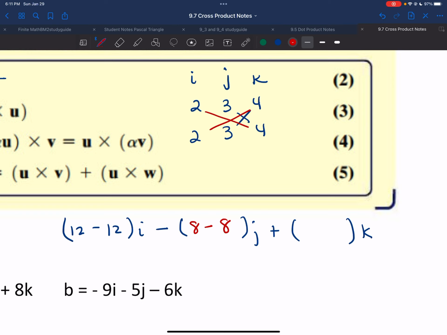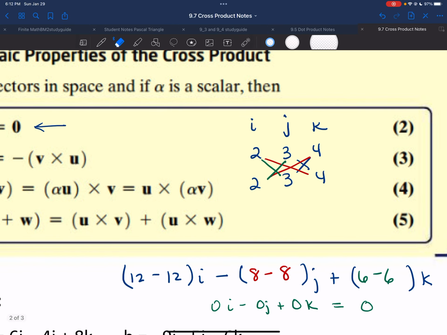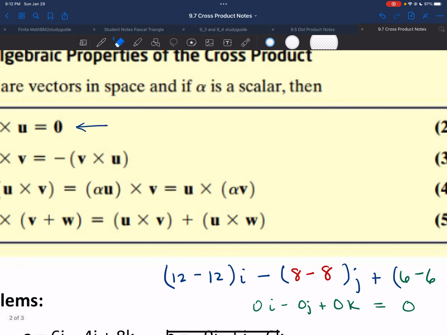And then I have the green. 2 times 3 is 6, minus 2 times 3 is 6. So I end up with 0i minus 0j plus 0k. So all those added up together are going to equal 0. So that is what we mean by when you cross product a vector with itself, you get 0.